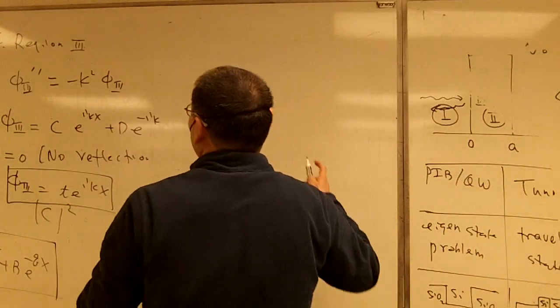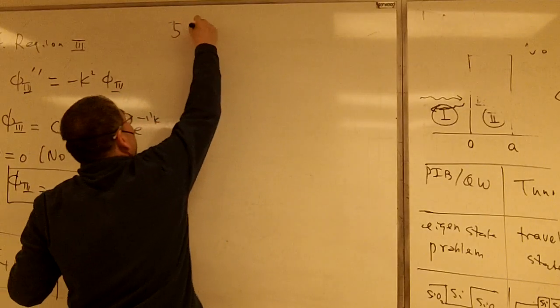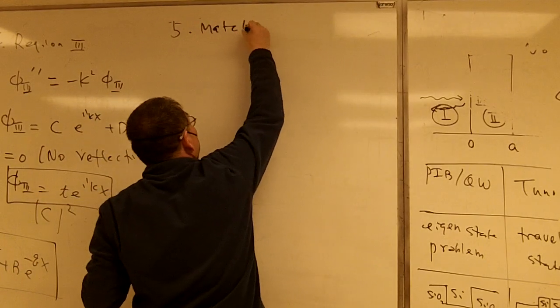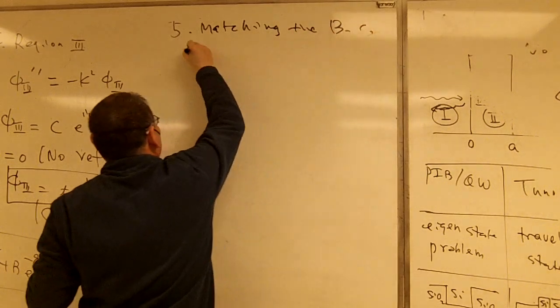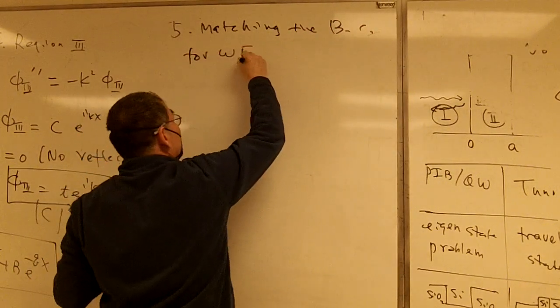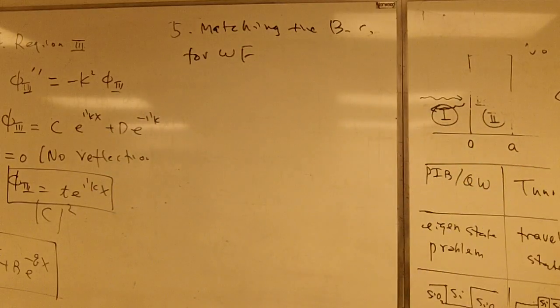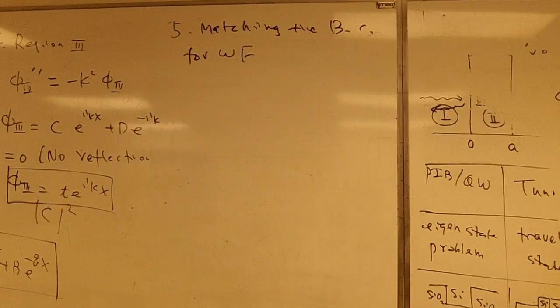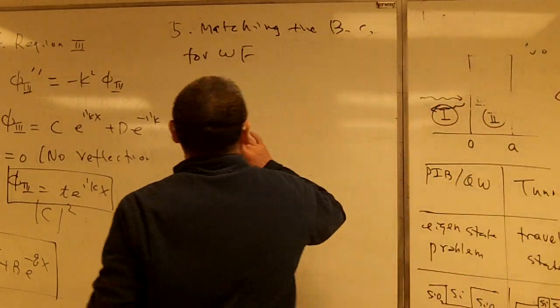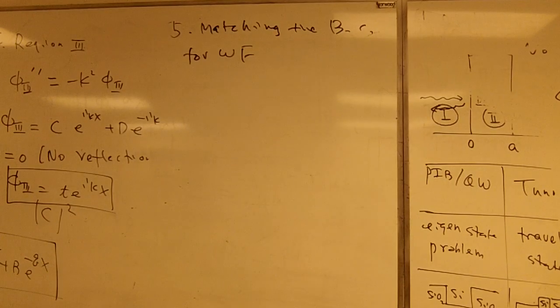So here is number 5. We're going to match the boundary condition for the wave function, and once we match the boundary conditions the wave function is done.